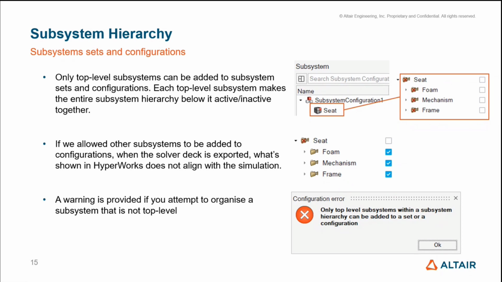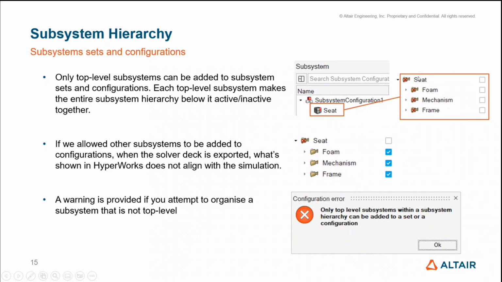We have made it so that anytime you have a block of subsystems, like this hierarchy of the seat, you can only move the seat subsystem itself into the configuration. You can't move any of the subsystems below it. And when you activate a configuration, it takes the seat and everything below it, just like with the representation. It takes all of the content below it and treats it as one big block.